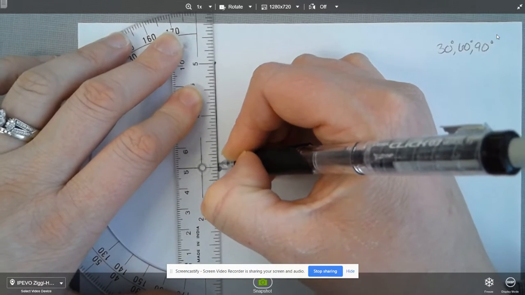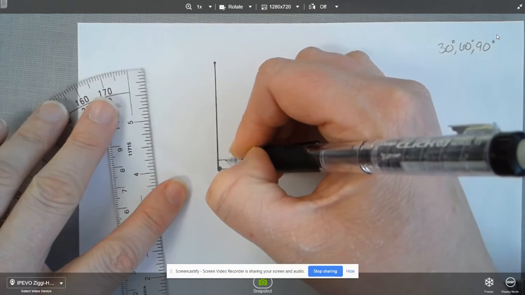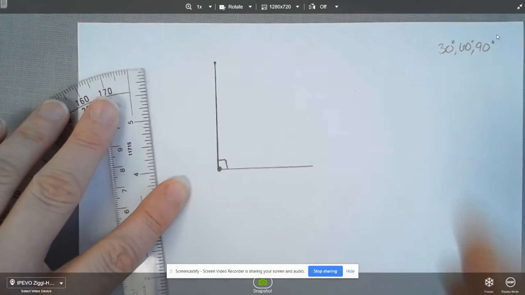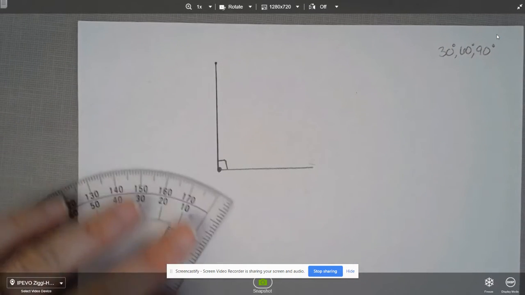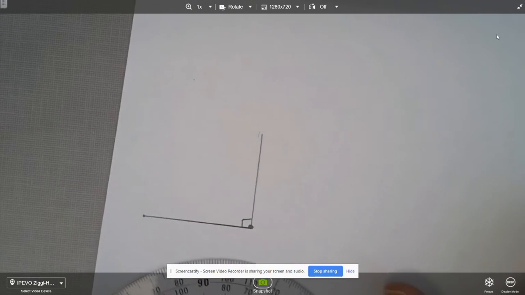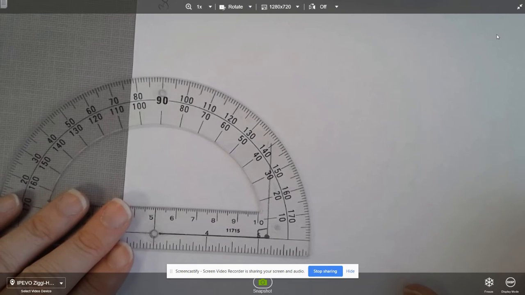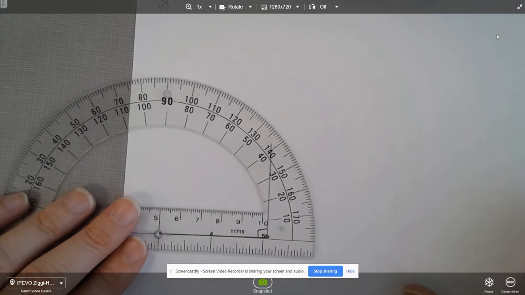Let's move that over just a tad. Okay, so I know this is 90 degrees. Now, from there, I'm actually going to rotate my paper because I want to make another degree measure from this angle this time, from this position.